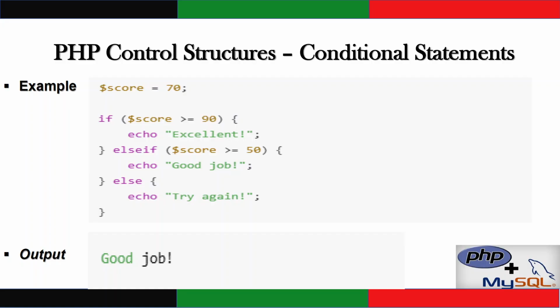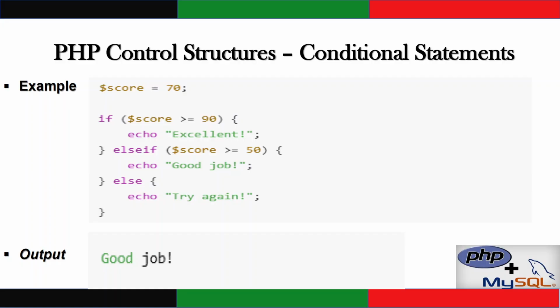So 70 is greater than 50, so this condition is going to turn out to be true. Since it's true, we enter inside the body of the second if, and do whatever task is found there. The only thing found there is displaying a good job. So our output is going to be good job.